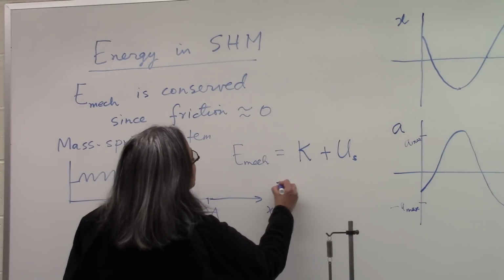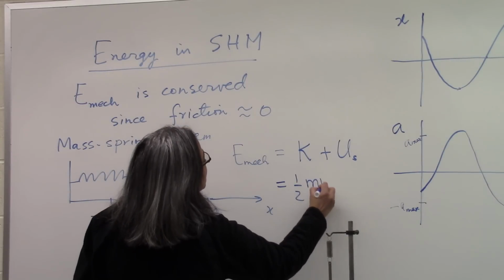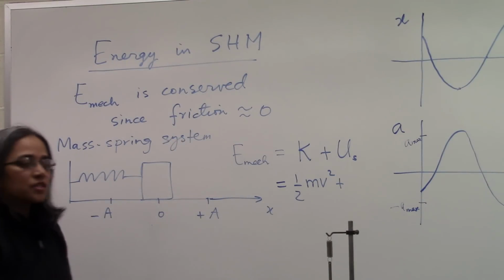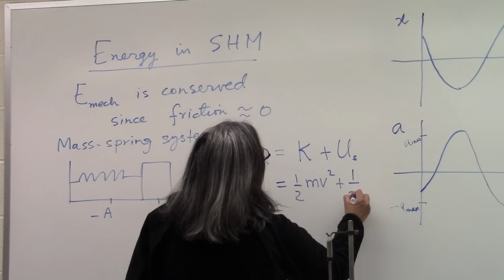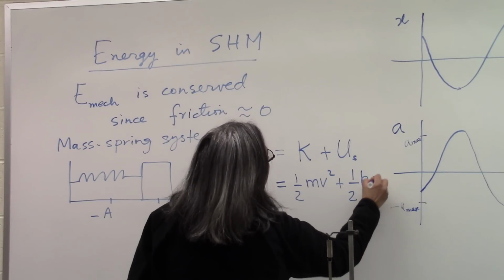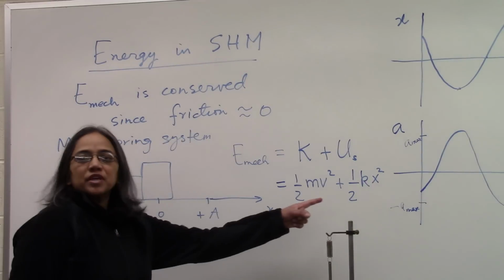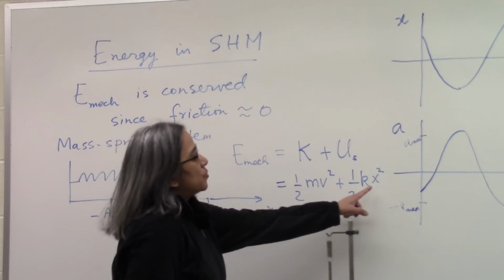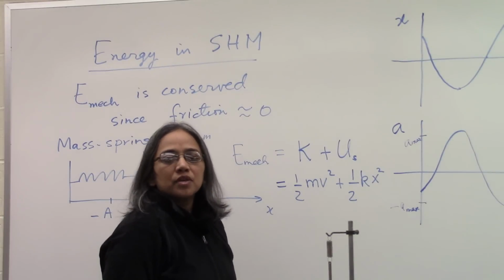And to remind you, the kinetic energy is of course half m v squared, and the potential energy stored in a spring, you should remember from physics 1, is half k x squared, where I'm going to make a note about the x here: the x is not the position, but it's the displacement from equilibrium.